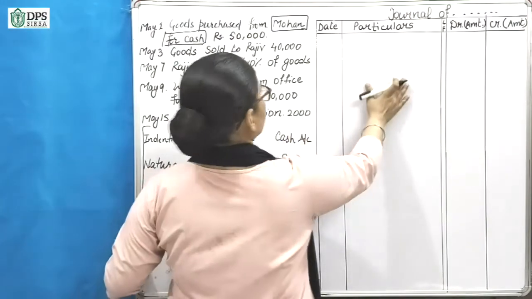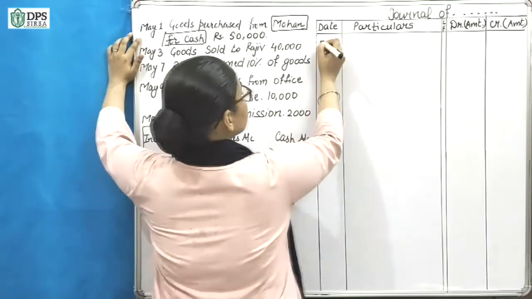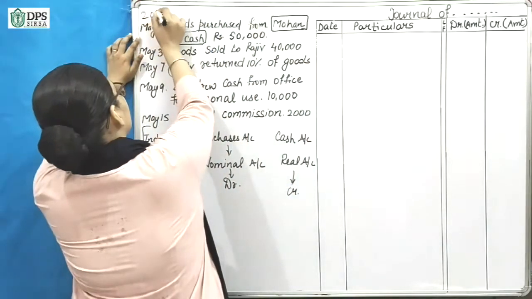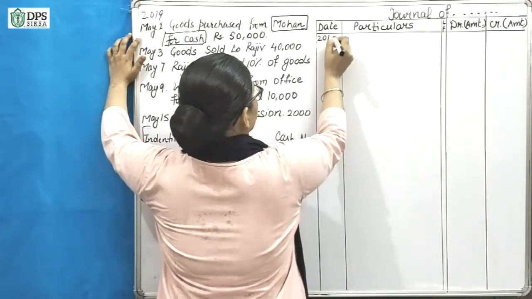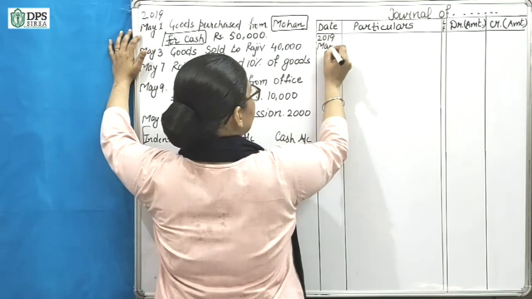So we will do this in the format of journal. We will write this. The year is not given, so we assume it as 2019. Year and date is given, May 1.